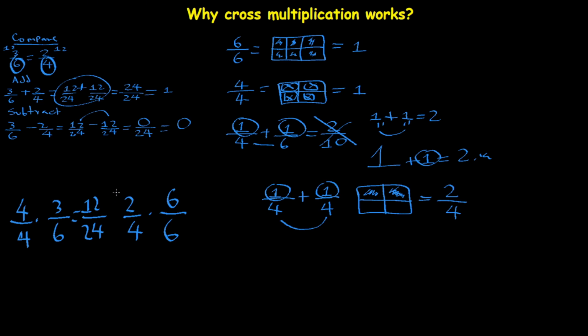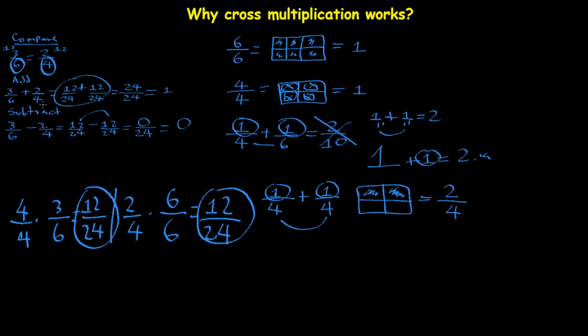Let's separate them. 2 times 6 is going to be equal to 12, and 4 times 6 is going to give us 24. So we have this fraction here, this fraction here. We can see now that they are equal, they are equivalent fractions.